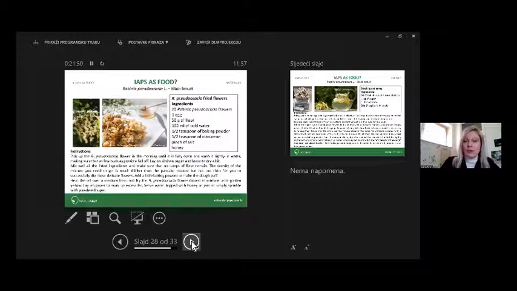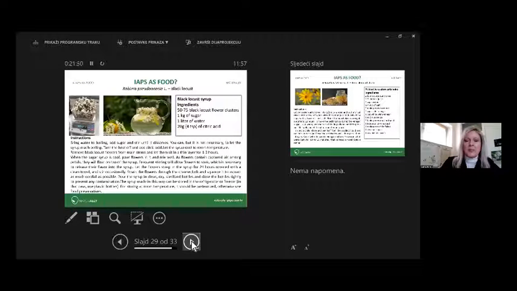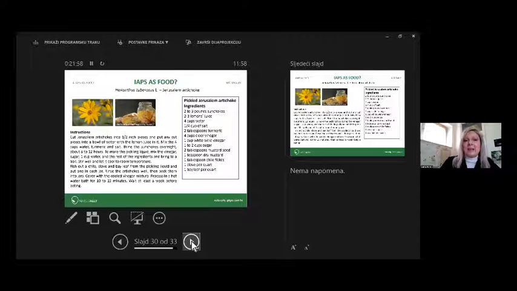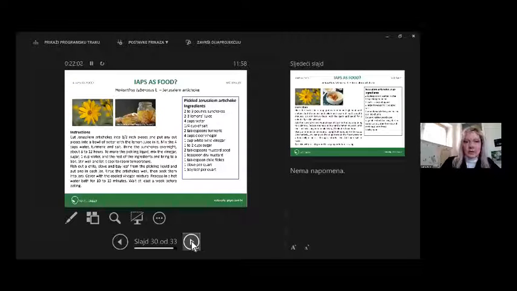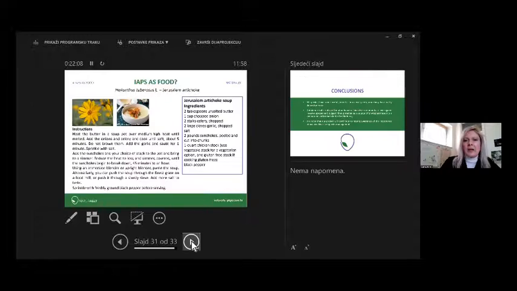Then we have black locust syrup that is very tasty according to my experience. Then we also use Jerusalem artichoke pickled in this form, and also as artichoke soup.